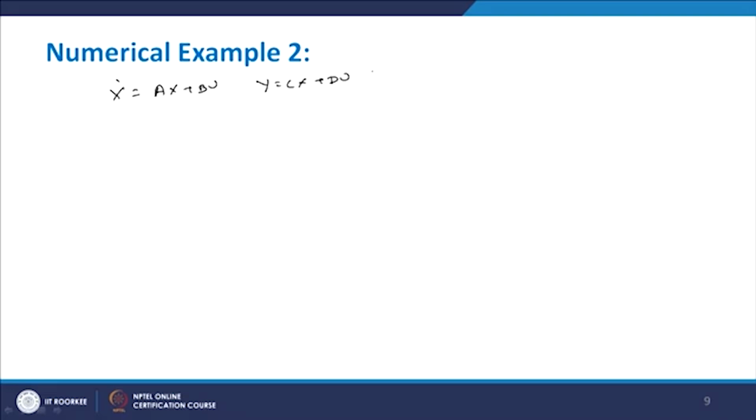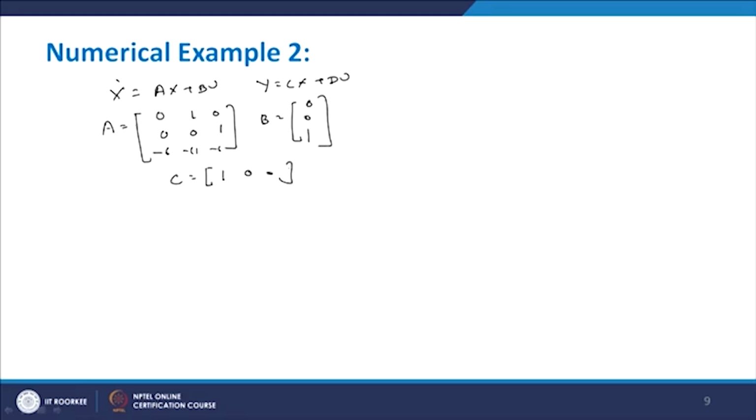Here A is [0 1 0; 0 0 1; minus 6 minus 11 minus 6], B equals [0; 0; 1], and C equals [1 0 0]. A, B, C we have written.